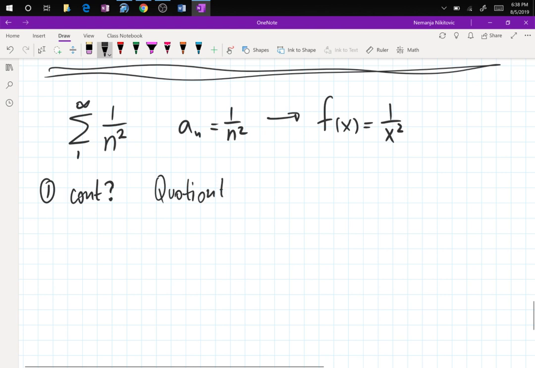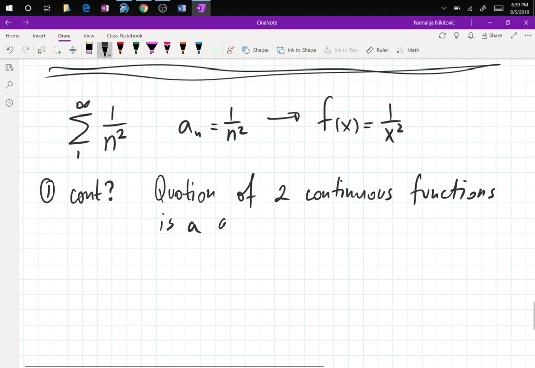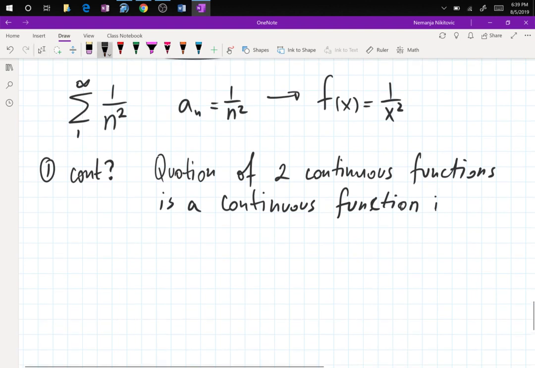The quotient of 2 continuous functions is a continuous function if the denominator is not equal to 0.